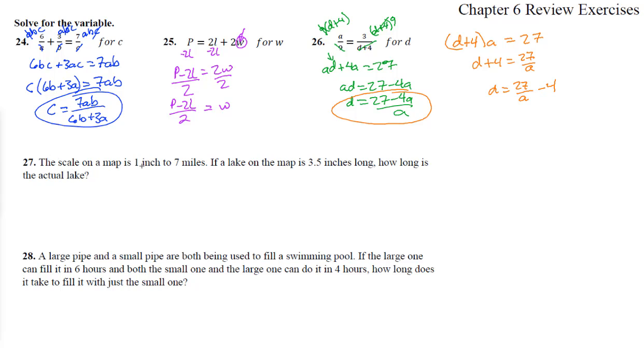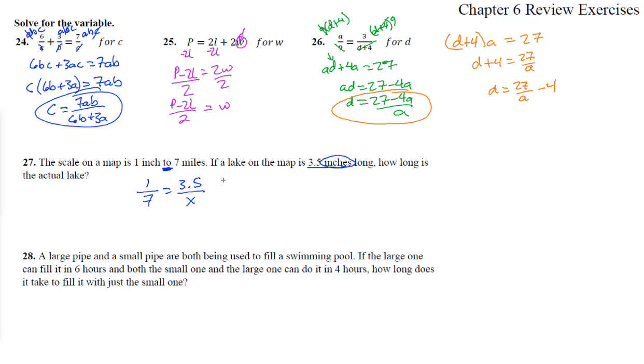All right, number 27. The scale on a map is 1 inch to 7 miles. If a lake on a map is 3.5 inches long, how long is the actual lake in miles? So notice this is a proportion. 1 to 7, inches to miles, is 3.5 to the lake with an x right there. And notice that this is just a proportion from back in chapter 2. But technically, we're reviewing these problems in this section because the variable's in the denominator, which makes it a rational expression.